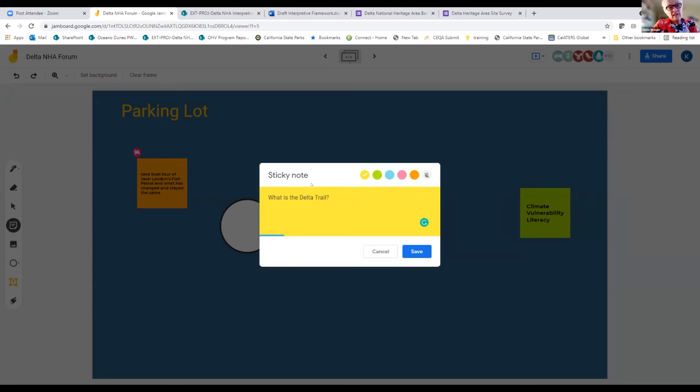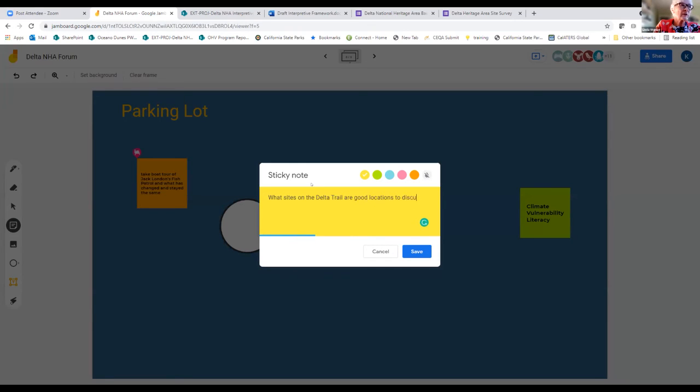the sites on the Delta Trail that are part of the heritage area are the ones that are going to be able to tell stories about the relationship between the geography and the people, right? Going back to the definition that Blake read to us at the beginning.